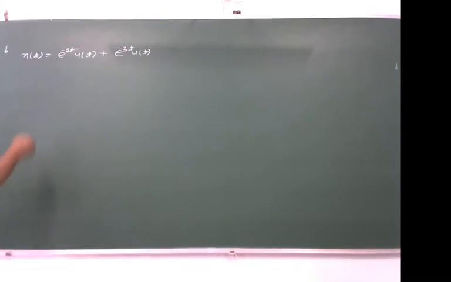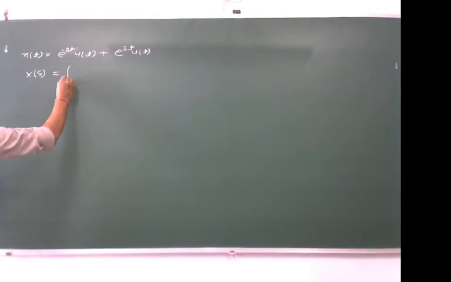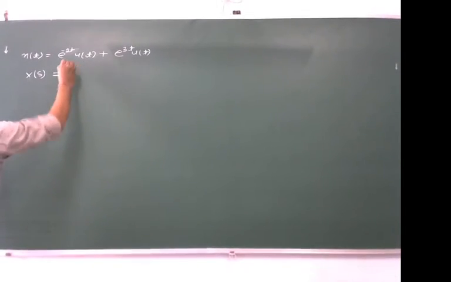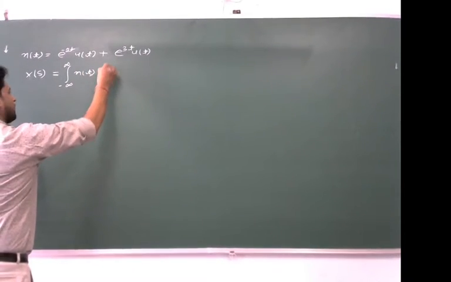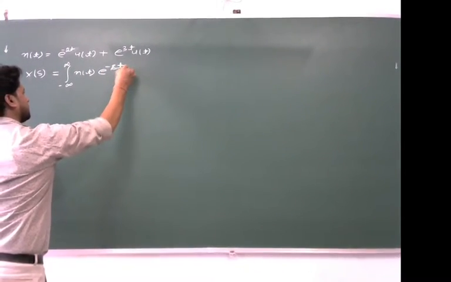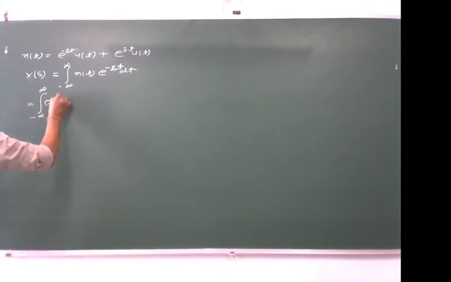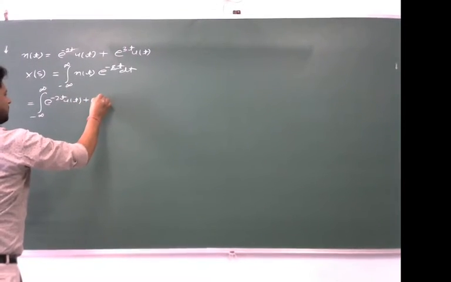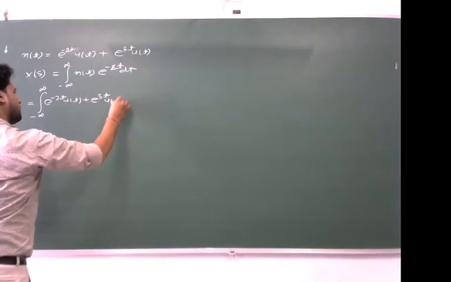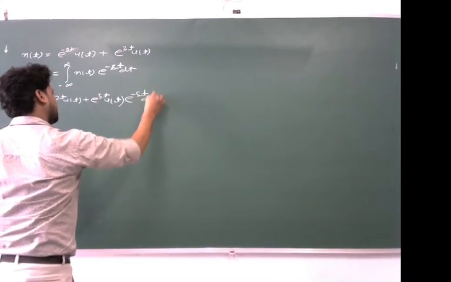That is important. So we know the expression to get the Laplace transform of the given signal. This is the integral from minus infinity to plus infinity of x(t) e power minus st dt, or in place of x(t), it is e power minus 2t u(t) plus e power 3t u(t), into e power minus st dt.